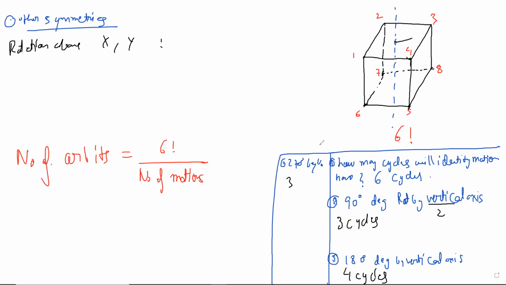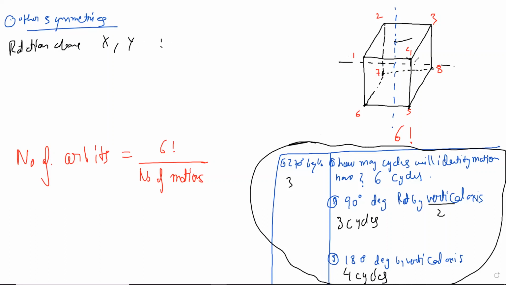For each, the situation would be exactly the same. I think that's clear to everyone, right? You will get exactly the same cycles. If you rotate about the x-axis or about the y-axis, the situation would be exactly the same, so I'm not writing the cycle structure of that; you can write it.